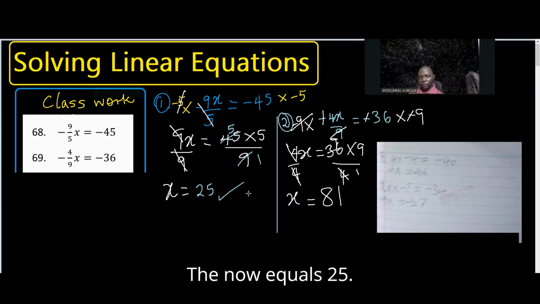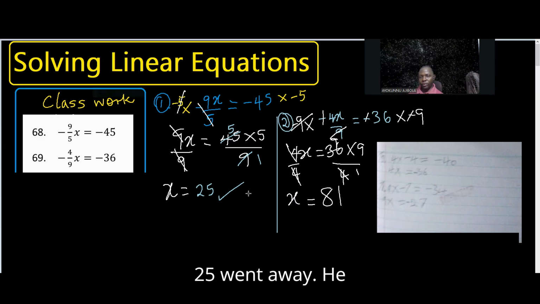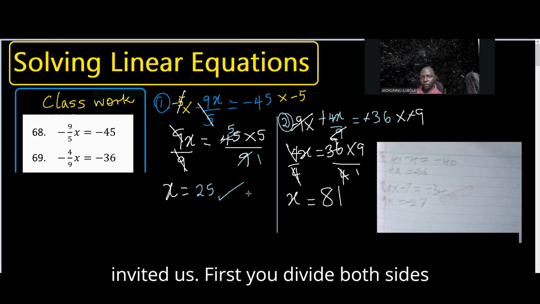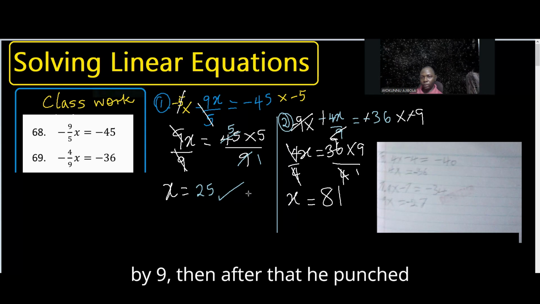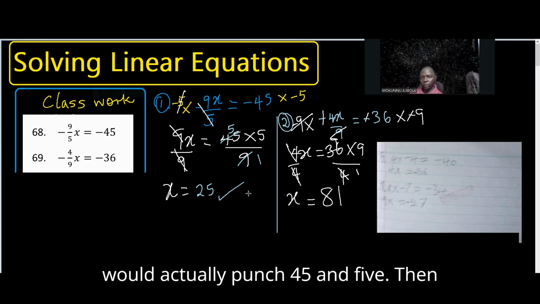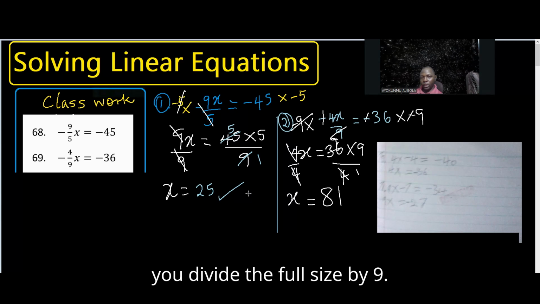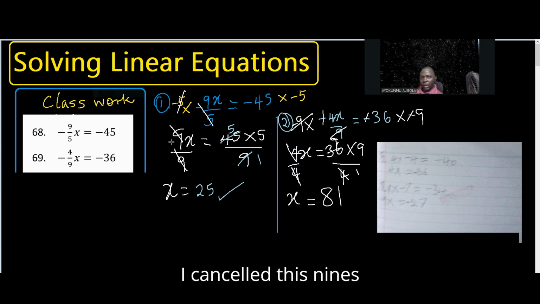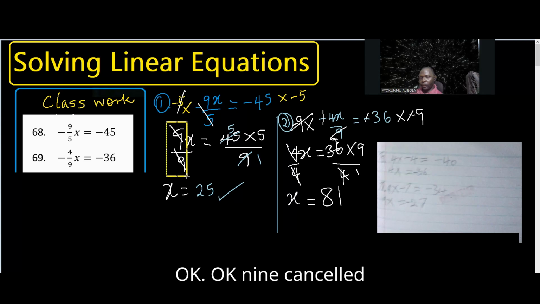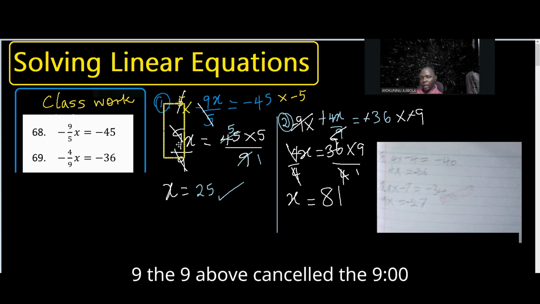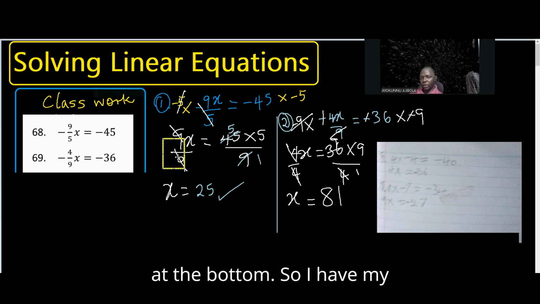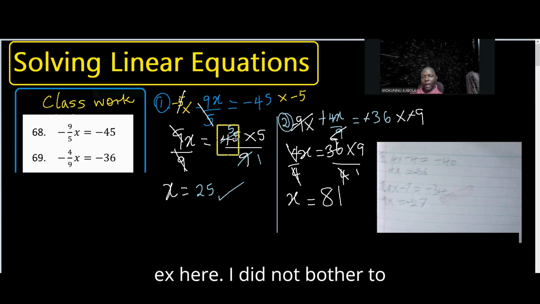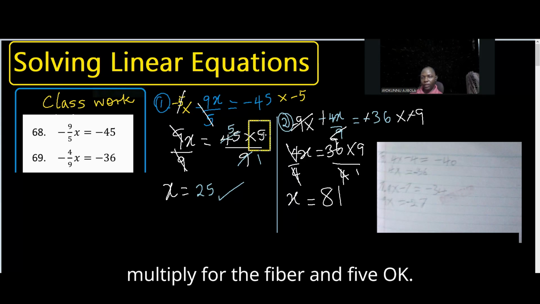Then that will equal 25. How did I get 25? First you multiply 45 and 5, then you divide both sides by 9. What I actually did was cancel these nines. The 9 above cancelled the 9 at the bottom, so I have my x here. I did not bother to multiply 45 and 5.